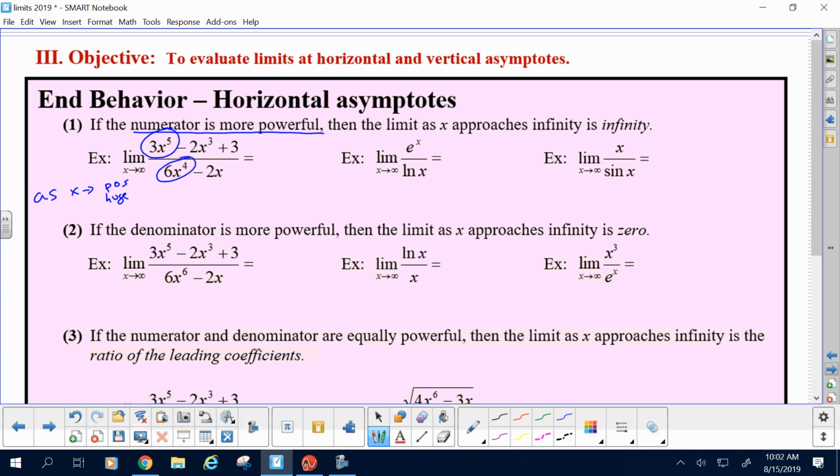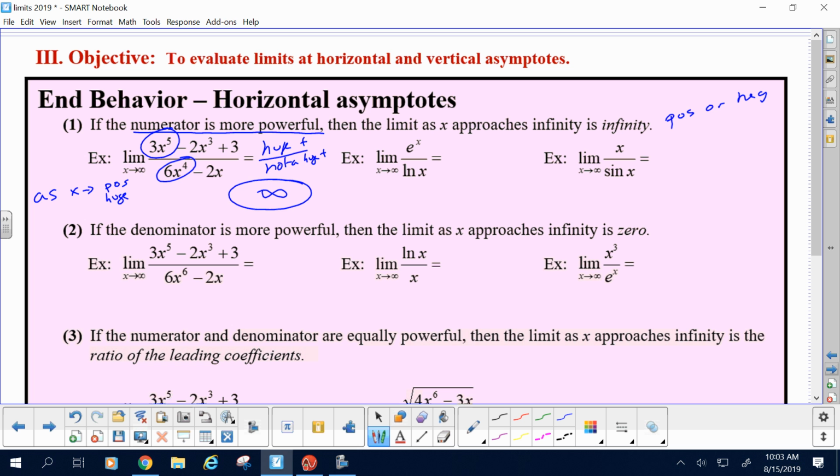Huger over smaller is huger. So this is infinity, positive or negative. Think of this as huge positive over not as huge positive. So the result is positive, huge. The top wins. And if the top wins, the function goes to infinity.